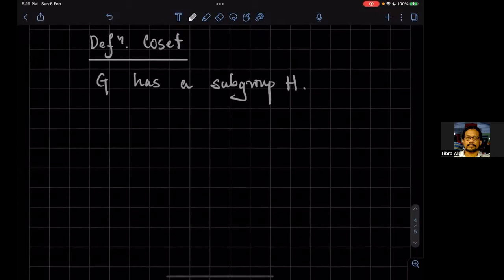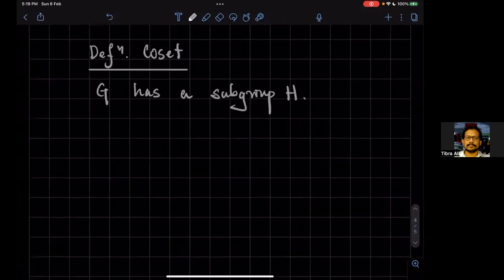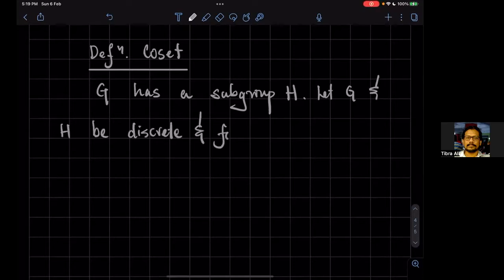And so for definiteness, because I want you to get the idea, let G and of course H be discrete and finite. The idea is that for the coset construction to work, the discreteness and the finiteness of the group are actually not necessary.